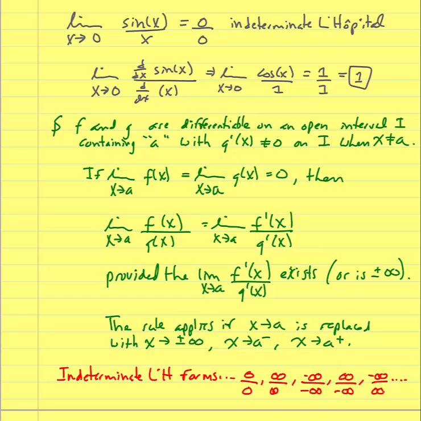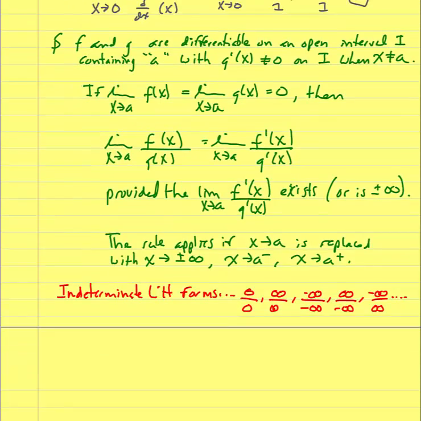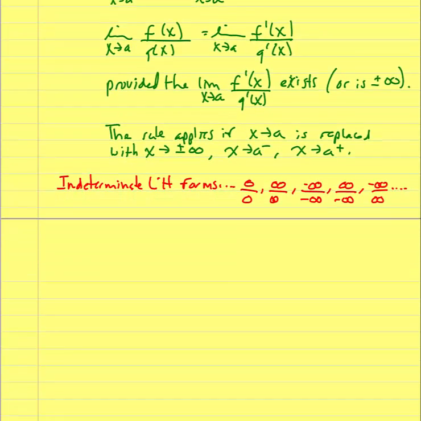I think you get the idea here. So these are all indeterminate L'Hopital forms. Before, we just said indeterminate means do more work, because we didn't know how to take derivatives yet. But now we know how to take derivatives, so we can use L'Hopital's for shortcuts.